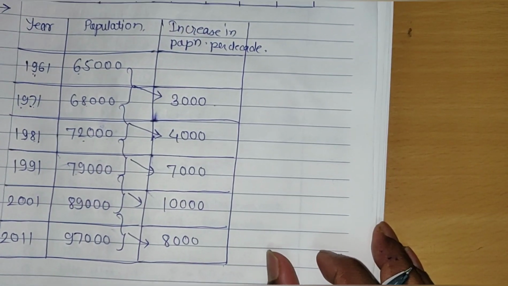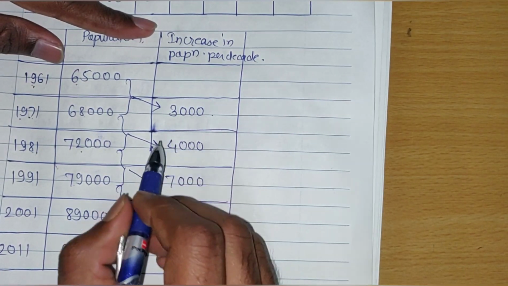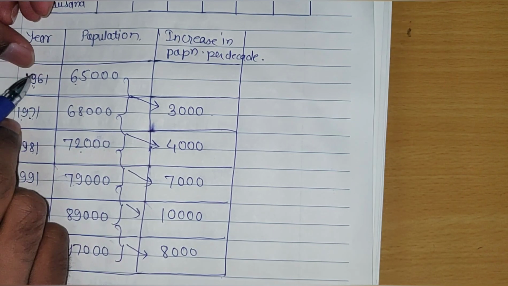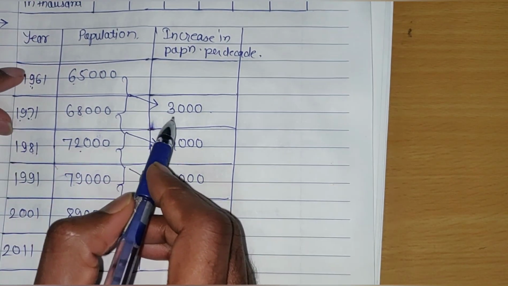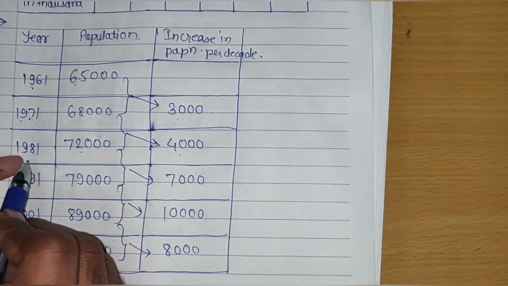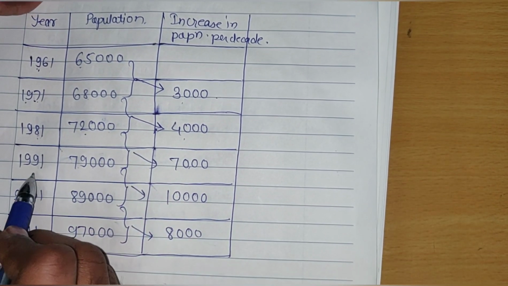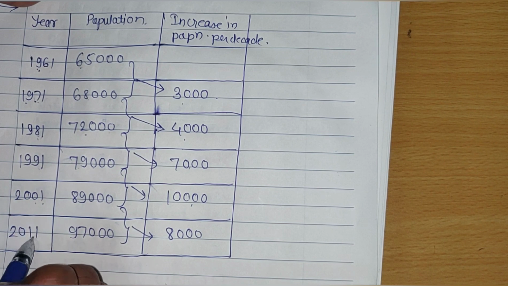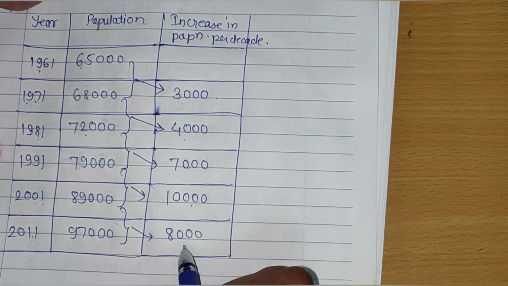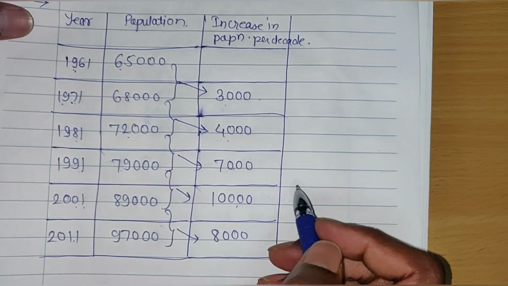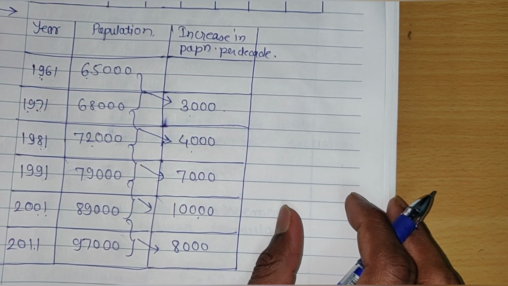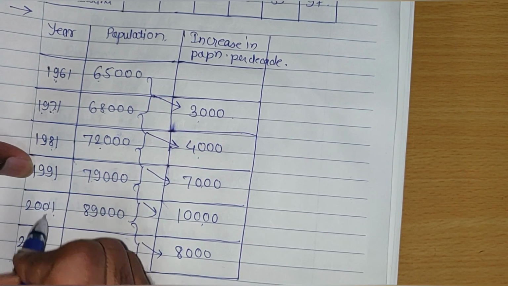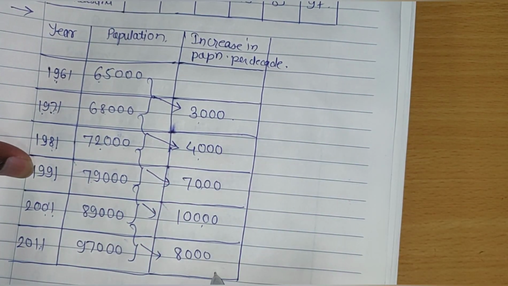We have found the increase in population for each decade: 3,000, 4,000, 7,000, 10,000 and 8,000. Here we have a total of 5 decades and 5 values.